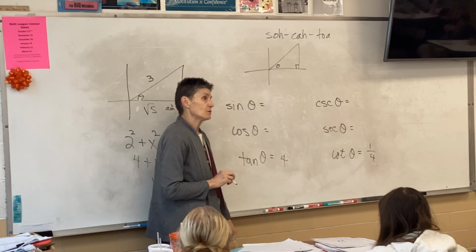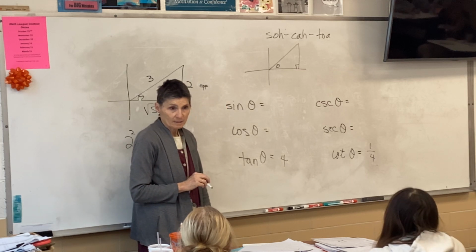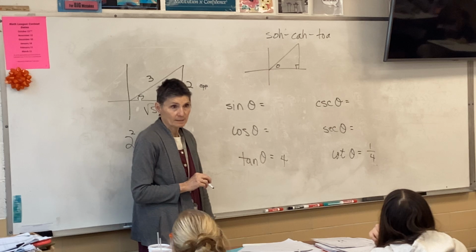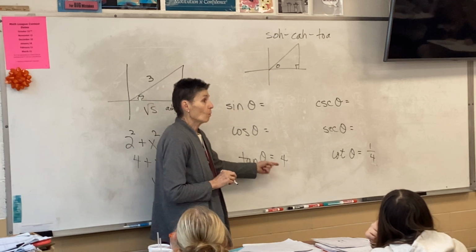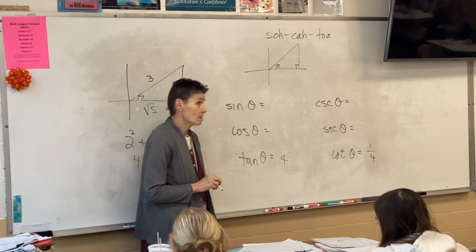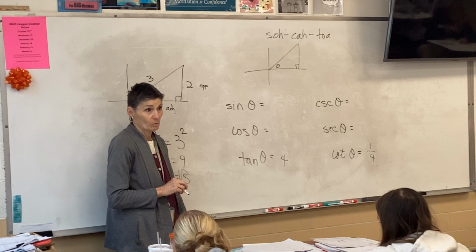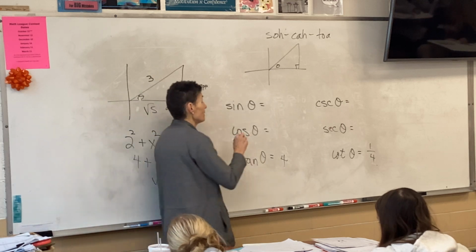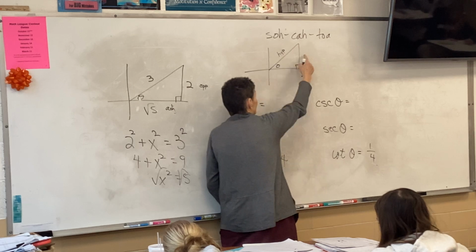Now what does that mean in terms of my picture? Opposite over adjacent is 4 over 1. So opposite is 4 and adjacent is 1. Everybody on board? So in the picture, here's my hypotenuse. What's this?